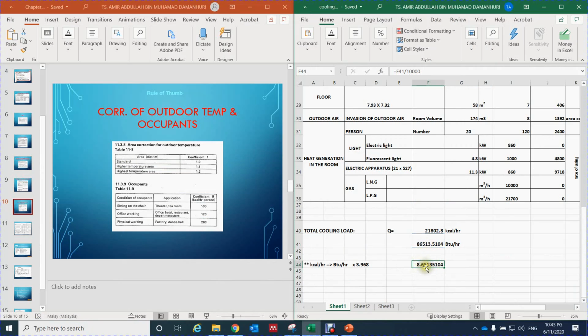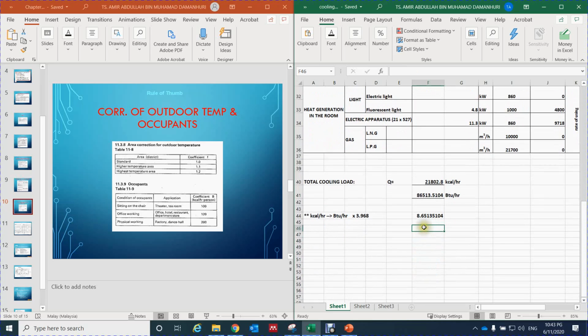We don't have any 8.6 horsepower air conditioning, so we have to estimate higher. For example, we use 9 horsepower for the air conditioning for this particular area. But there is no split unit of that big a size, 9 horsepower.